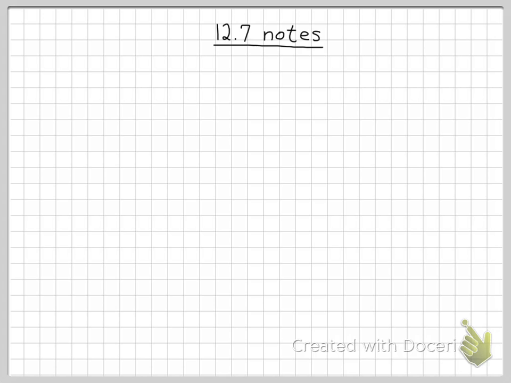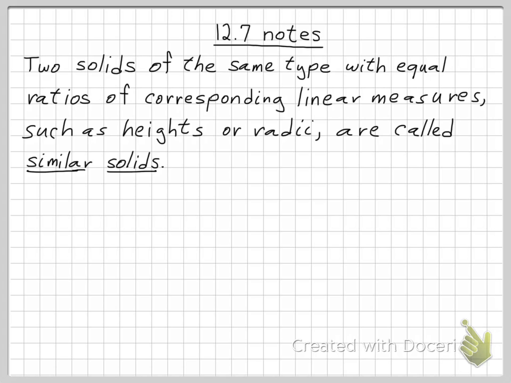So first we need to discuss the definition of similar solids. Two solids of the same type with equal ratios of corresponding linear measures such as heights or radii. Anything that can be measured in feet, inches, yards, meters, things like that are linear measures.